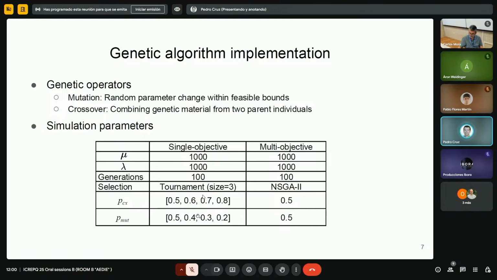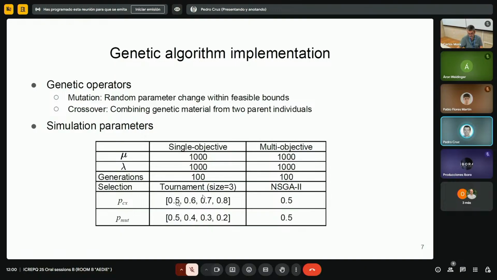The probabilities of crossover and mutation for the single objective are a set of 4 values for crossover, and also a set of 4 values for mutation, and they are combined in couples.